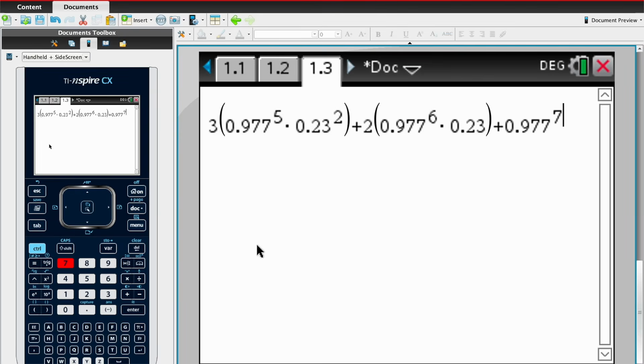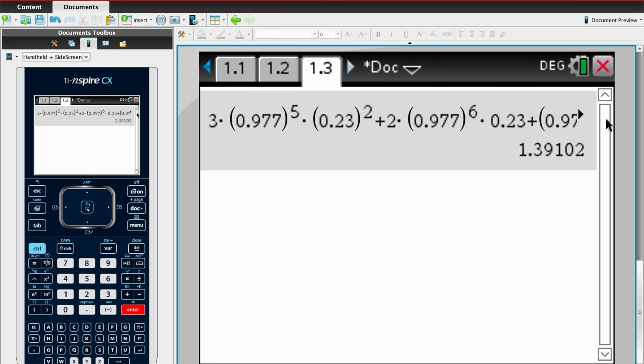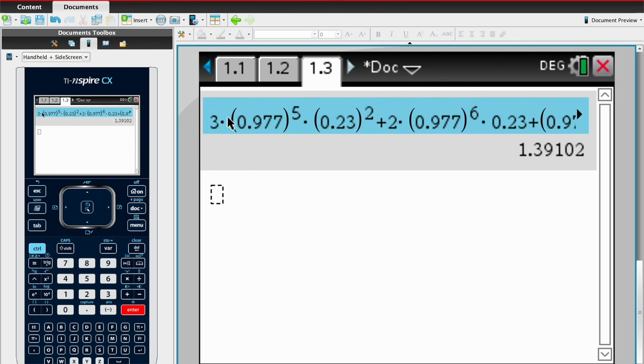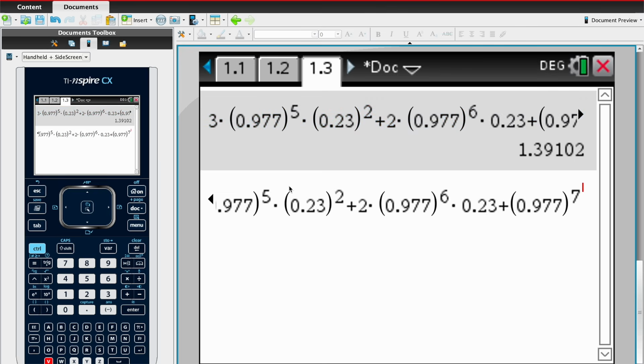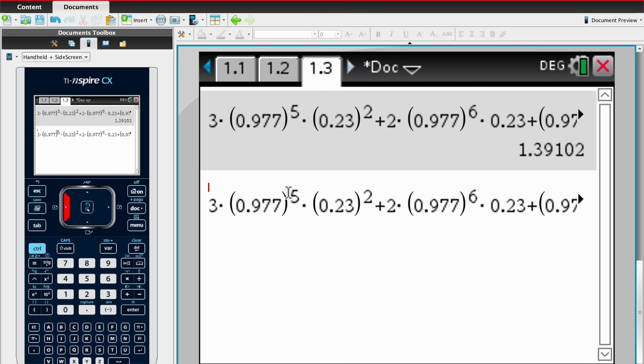I think that is good. I just want to check because we've done a lot of work so far. Make sure everything is correct. And that is not good because that is a probability greater than 1. So let's actually check this. I think something went wrong. Okay, let's look at this right from the beginning. 3 times 0.977, here we go.